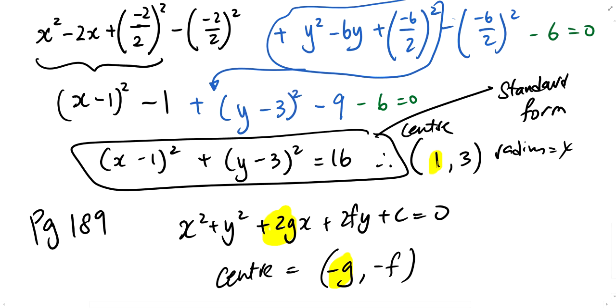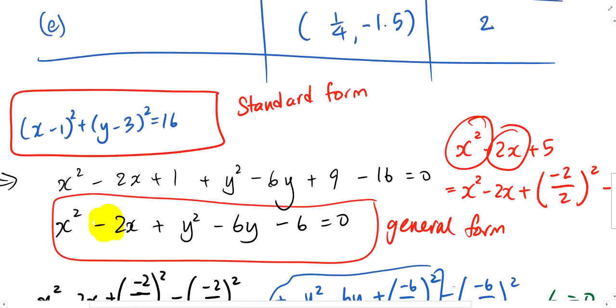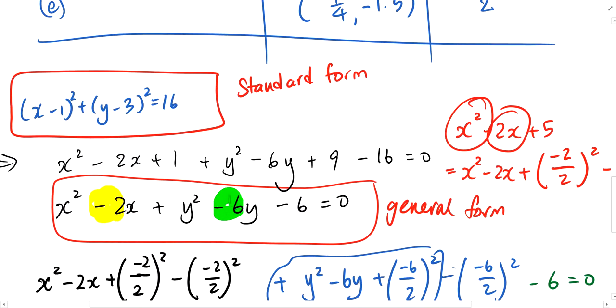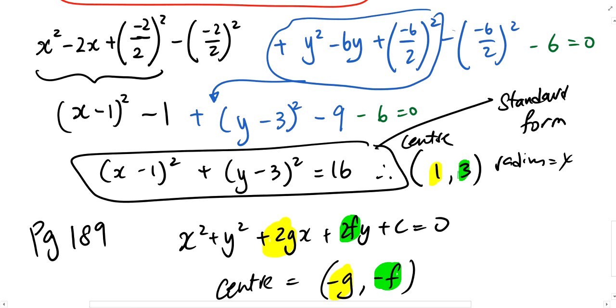If I take the coefficient of y, divide by 2, flip the sign, I'm supposed to get a center. Let's see if it is true. Here, coefficient of y, negative 6. Divide by 2, negative 3. Flip the sign, 3. There you get a center. This is if you want to memorize, which I don't like to memorize. I rather complete the square because I'm good at it, which you should be good at also.